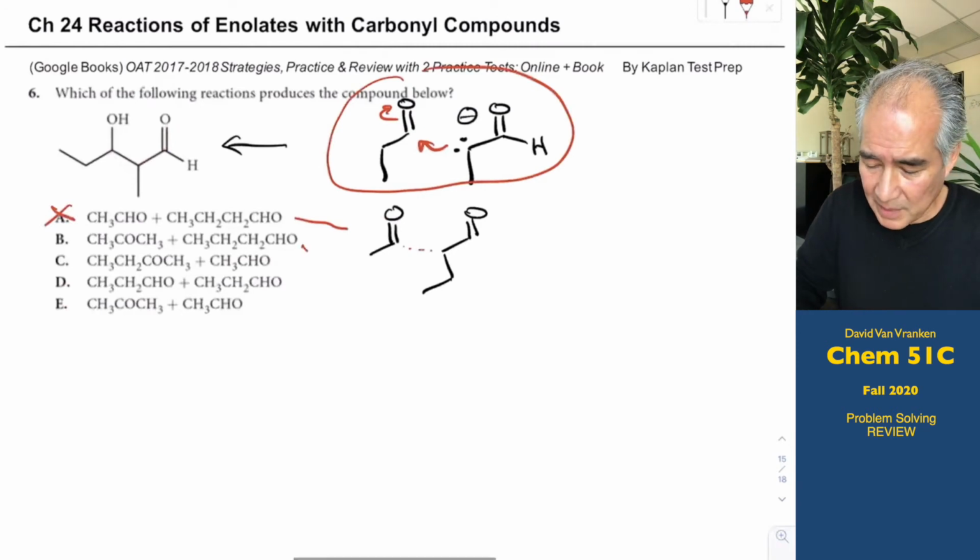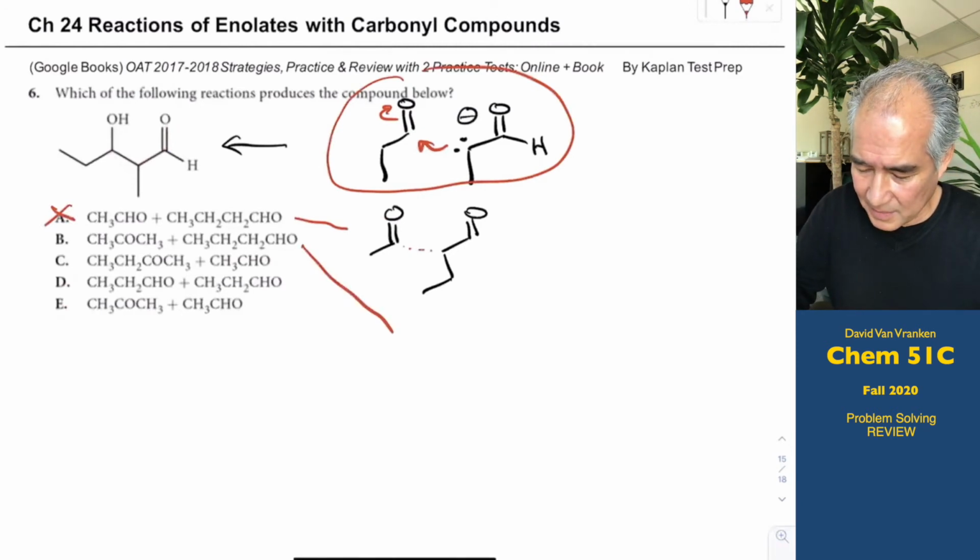Okay, let's look at B. B looks to me like it's acetone and an aldehyde. And again, you can arrange these so that either one can form the enolate. I'll arrange it like this, but these 2 are not going to combine together to give the structure that's drawn below.